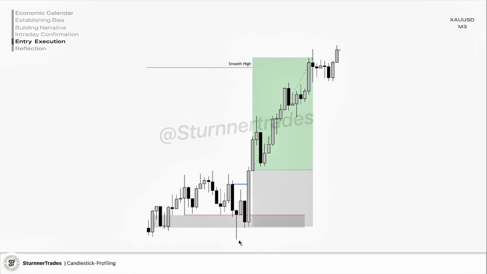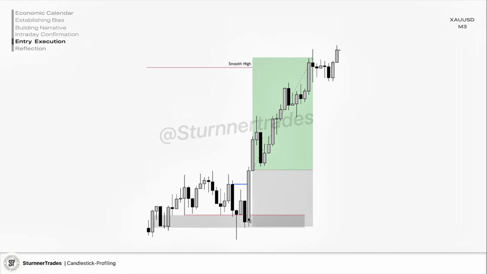This shaded rectangle here marks the 30-minute fair value gap, and that's our intraday key level. Price ran into that level, swept sell side liquidity right inside it, and then respected that level. Right after that, we got a clean CSD, a body closure above the candle that ran the sell side liquidity.